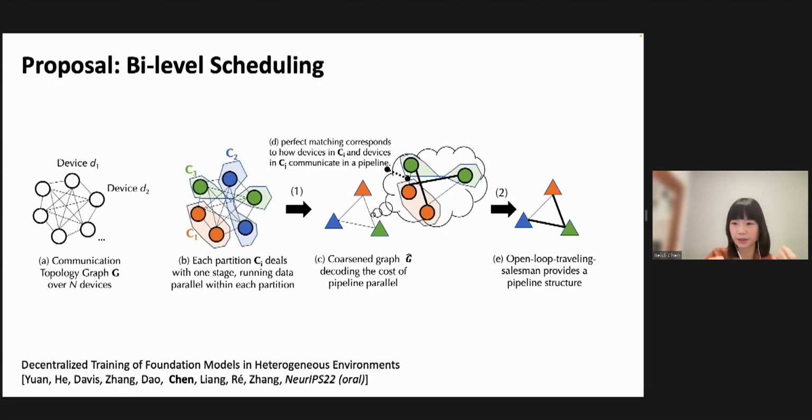The first level is a balanced graph partition problem, shown on this plot, corresponding to the communication cost of data parallelism. Whereas the second level is a joint graph matching and traveling salesman problem, corresponding to the communication cost of pipeline parallelism. I will skip over the details of how exactly this bi-level scheduling works.